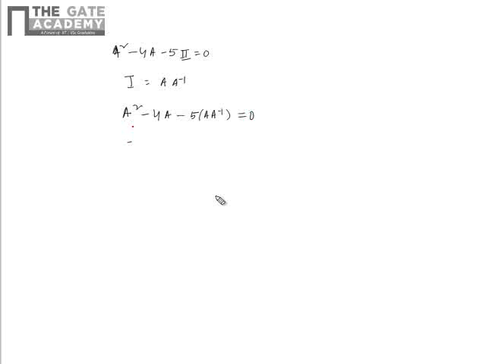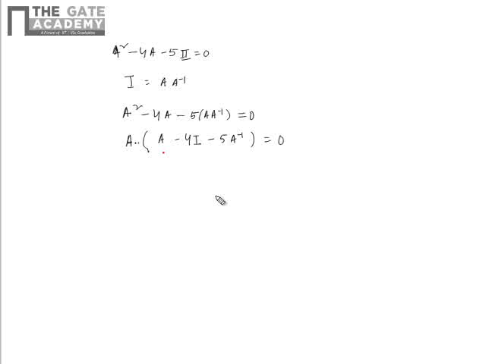Now this entire thing I can express in this form, A into A minus 4I minus 5A inverse is equal to null matrix.